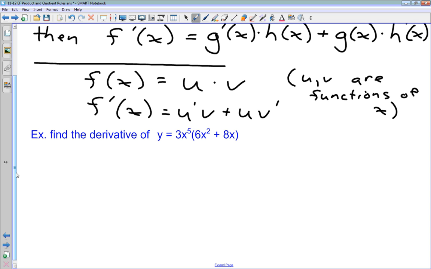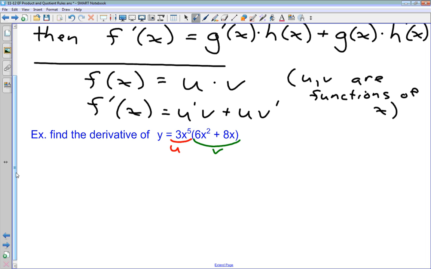This is a function that we can think of as being two simpler functions multiplied together. Our first function, which we're going to call u, is 3x to the power of 5. Our second function, which we are going to call v, is 6x squared plus 8x.